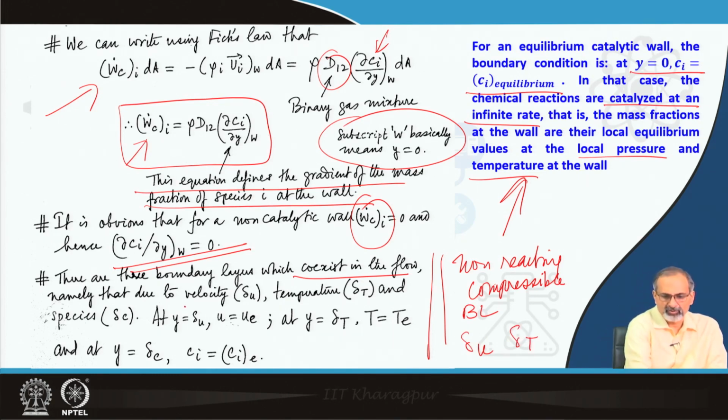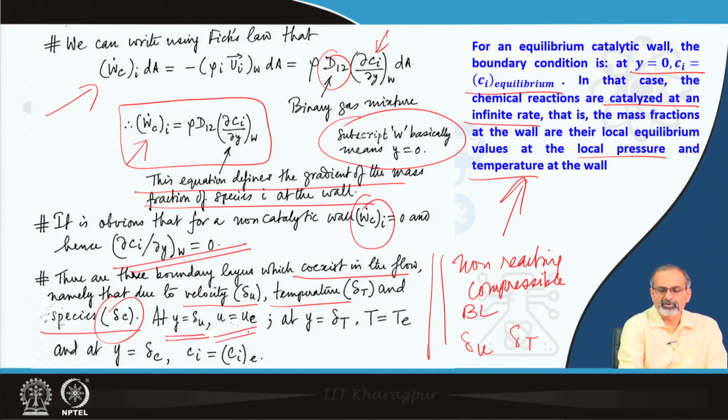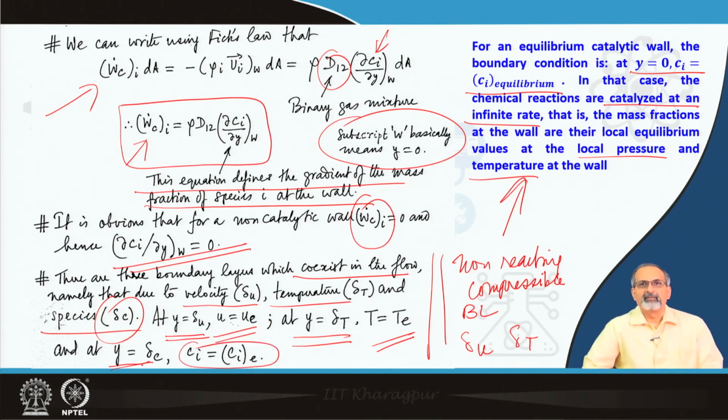However, here it is not only due to velocity and temperature, but it is also due to species, which we will call delta c. And the far field boundary condition is that at the edge of the velocity boundary layer, you should reach a value of u e. At the edge of the thermal boundary layer, T should reach a value of T e. At the edge of the species boundary layer, the free stream conditions would have to be restored.